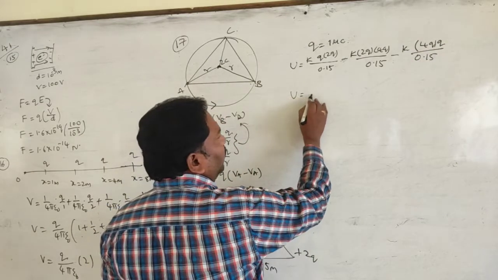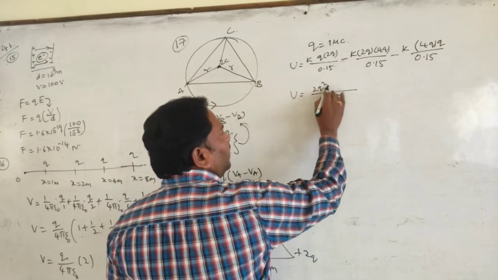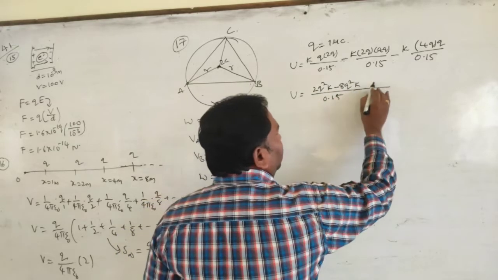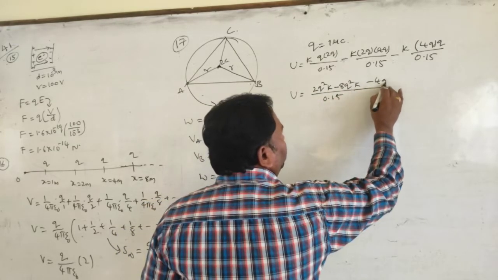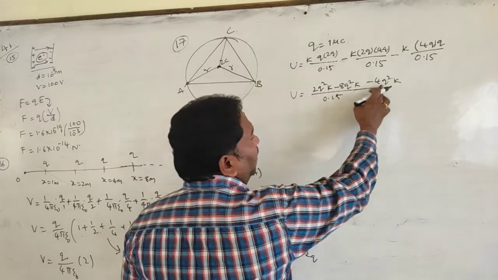So U is equal to, taking LCM 0.15, 2Q square into K minus 8Q square into K minus 4Q square into K. Then we'll get the answer.